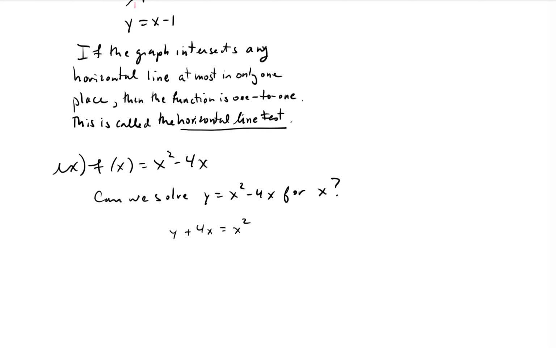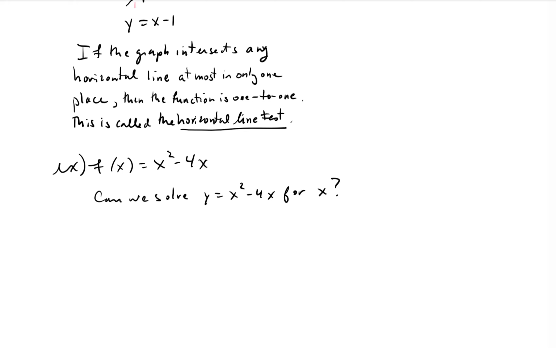Same idea if I send the 4x there, and send y on this side and divide by 4. I've not solved for x because once again I still have x over here. So it seems like I cannot do it.